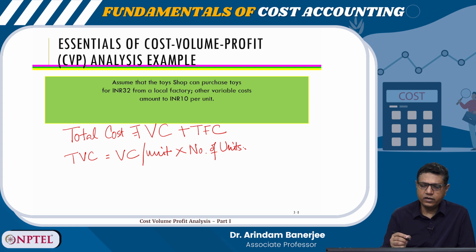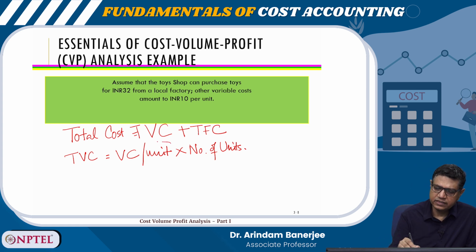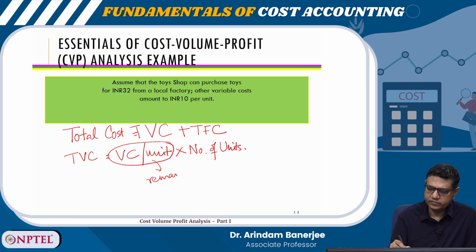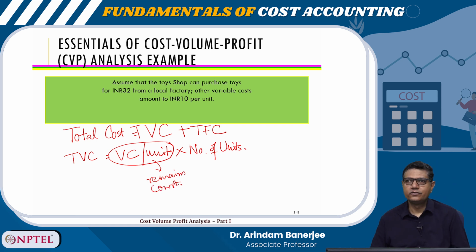Now, this variable cost per unit remains constant. So, if say variable cost per unit is rupees 2, then if I produce 10 units, my total variable cost will be 20. If I produce 100 units, then my total variable cost will be 200.